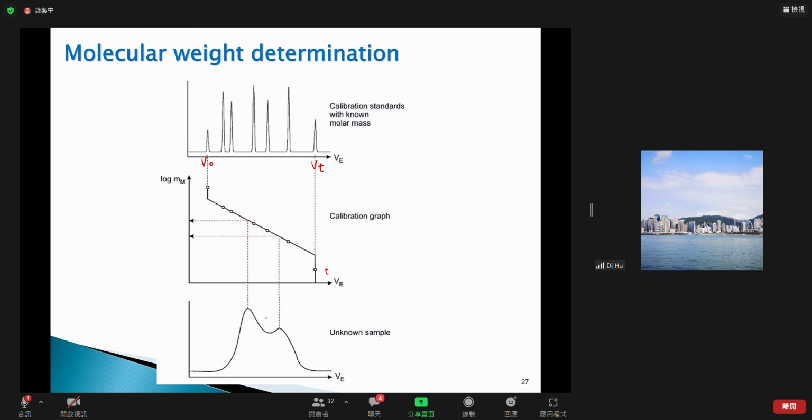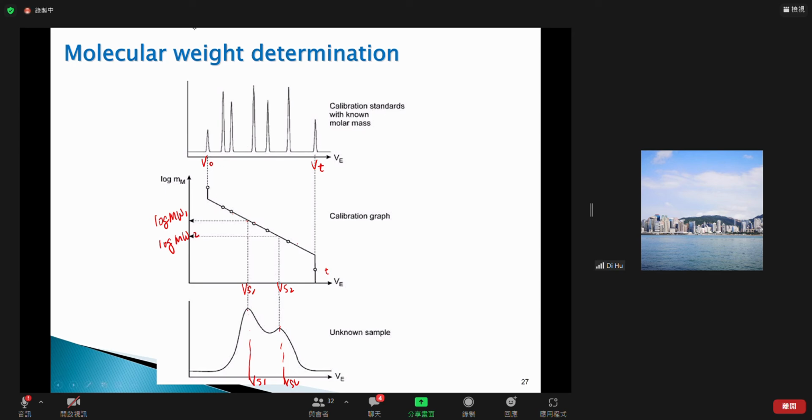Now you have your unknown sample, and you know the sample volumes Vs1 and Vs2. Using the calibration, you come here and get the log molecular weight 1, and here you get the log molecular weight 2. So they have to fall within V0 and Vt.